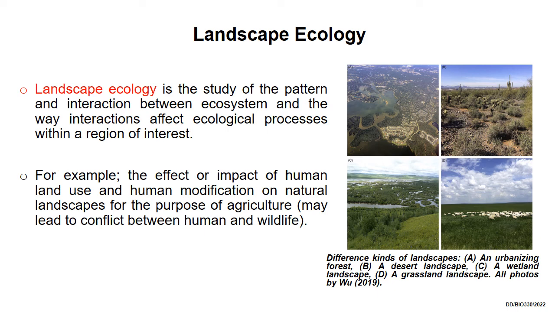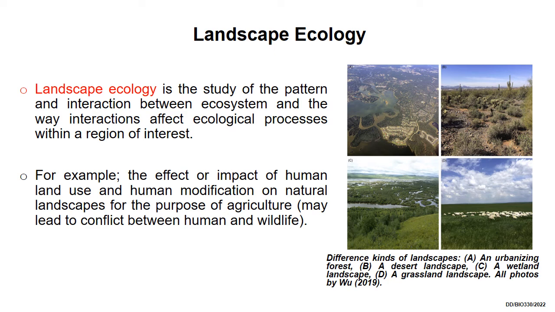Landscape ecology. Landscape ecology we can define as the study of the pattern and interaction between ecosystems and the way that interaction affects ecological processes within a region of interest. So there are different kinds of landscape. For example, urbanizing forest, desert, wetland, grassland, and the communities from these different landscapes may interact.